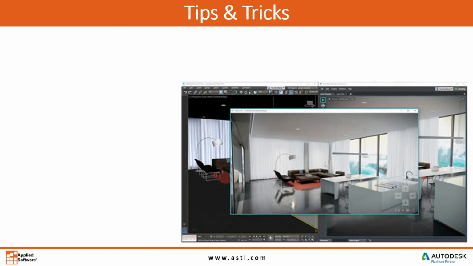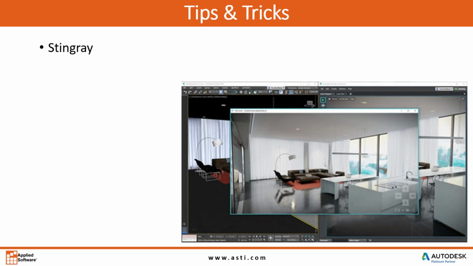One other tip and trick, and we'll keep moving on because I want to watch our time here: I mentioned 3ds Max, which is what we heavily use. You may or may not have heard of something called Stingray. It's like a gaming engine environment that Autodesk had, and they're starting to take that product and embed it into 3ds Max. This was announced just yesterday or the day before.